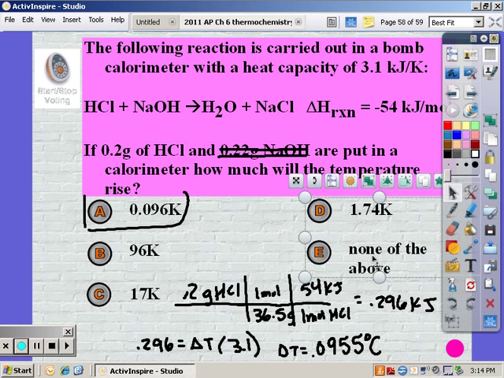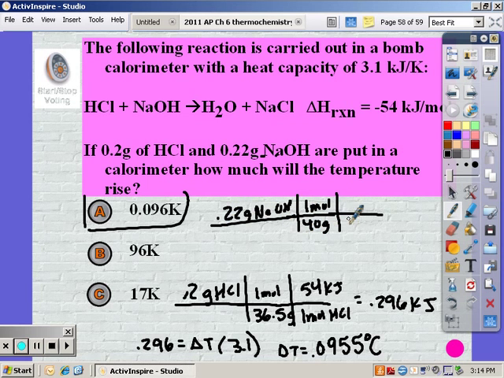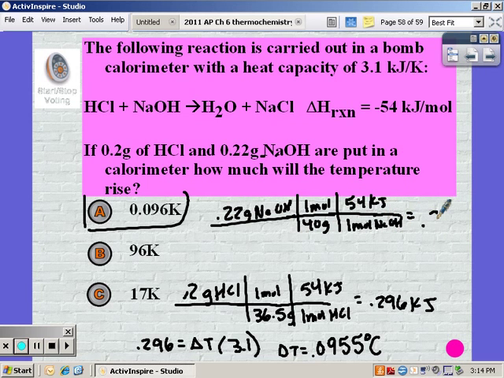But we need to do the exact same thing with our NaOH now. This gives us Q. Heat capacity is still the same.